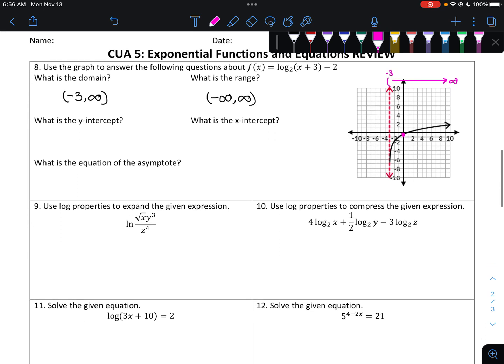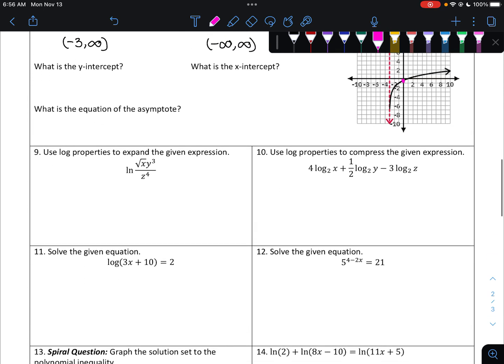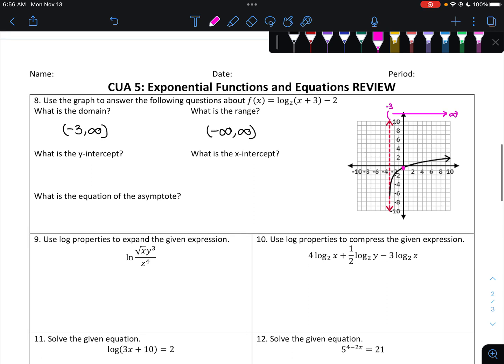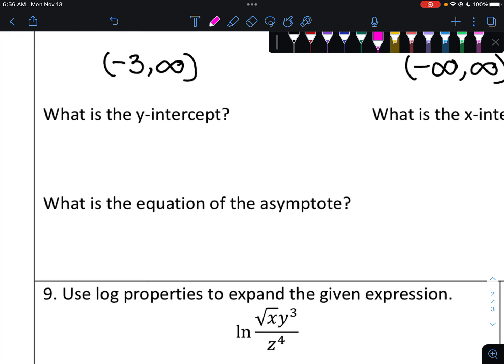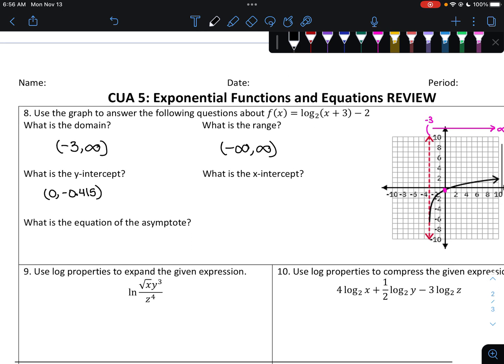So the y-intercept, if you hit second trace, then number 1, that says value, and for x, we're going to type in 0. We do get a messy little decimal, which is about -0.415 to 3 decimal places. So again, second trace 1, and then type in 0 and press enter.